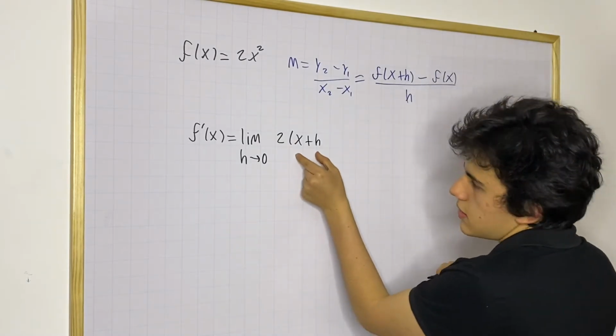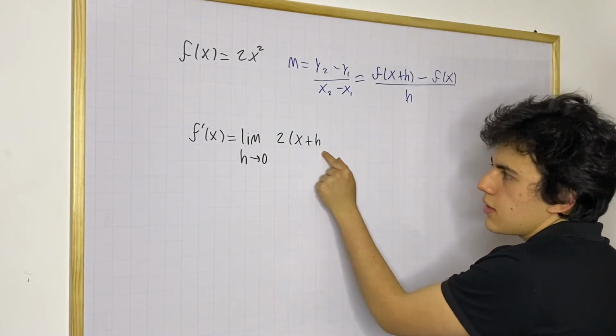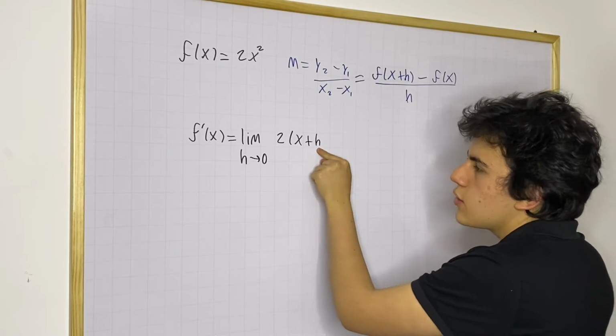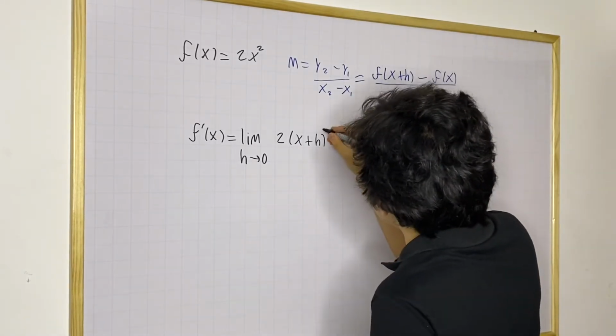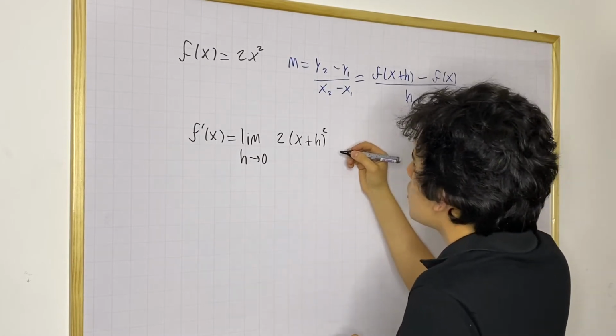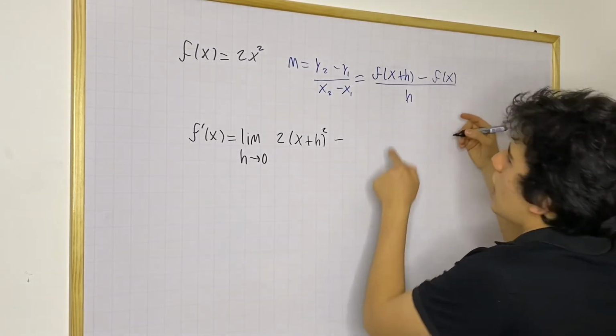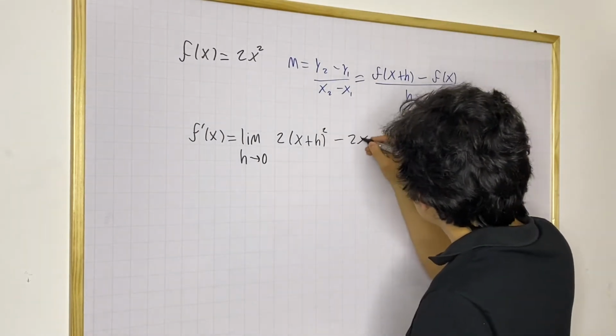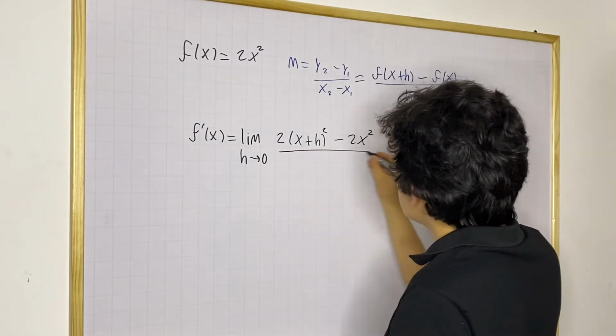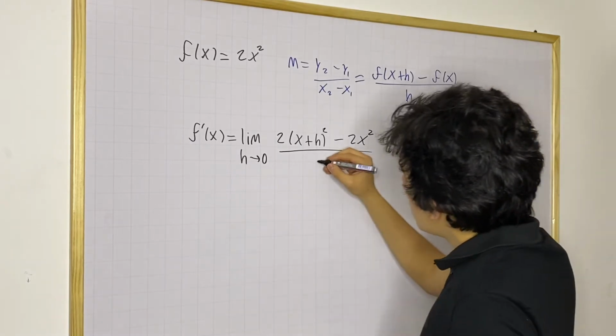That is what this means. You have x, your input, and you want to add just a little bit to that input. And then you're going to square whatever you get from that addition. Minus our y1 value, so f of x, 2x squared, and all of this divided by h.